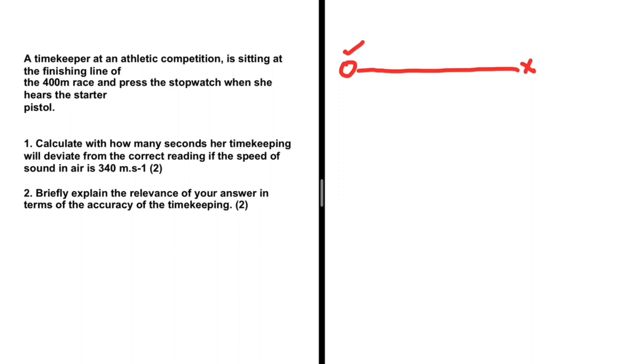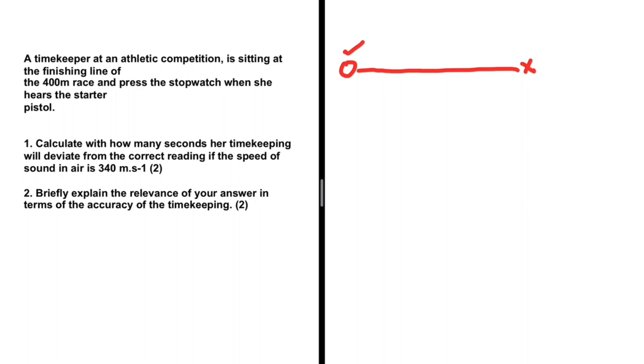But we know fully well that the speed of sound in air is finite. It takes some time for it to travel through air. So how much time does it take for the sound to reach the timekeeper at the finishing line of the 400-meter race? That's what we are interested in.